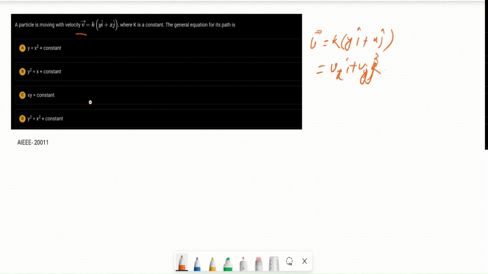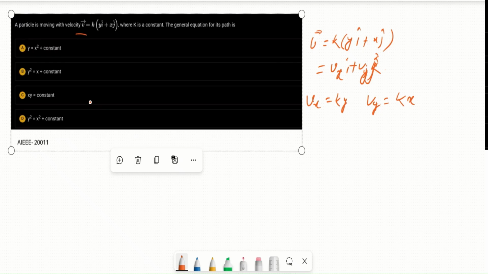If we compare both of these, we get Vx equal to ky and Vy is equal to kx, correct? And again, we know Vx is dx by dt, right?